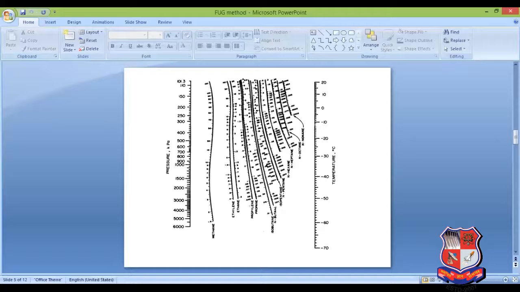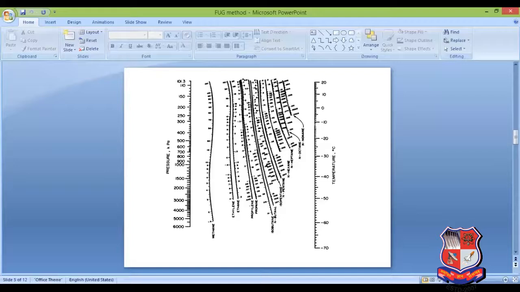For example, if you want to find out the value of K for methane, say my pressure is 1500 kPa and the temperature is say 30 degrees Celsius. So put a scale which joins 1500 kilopascal pressure and 30 degrees Celsius temperature. If you draw a line, it will cut the line of methane at some particular point. That will be your K.